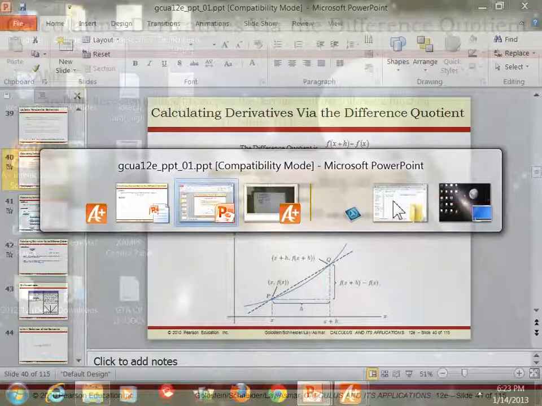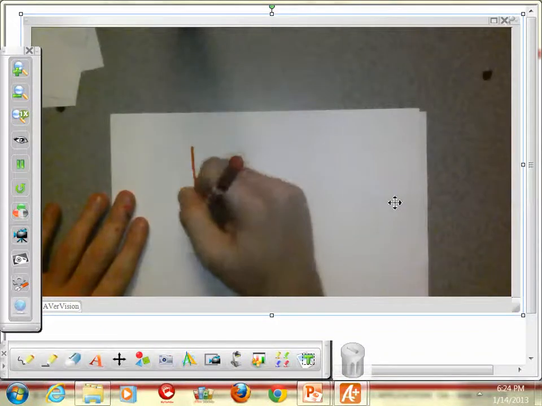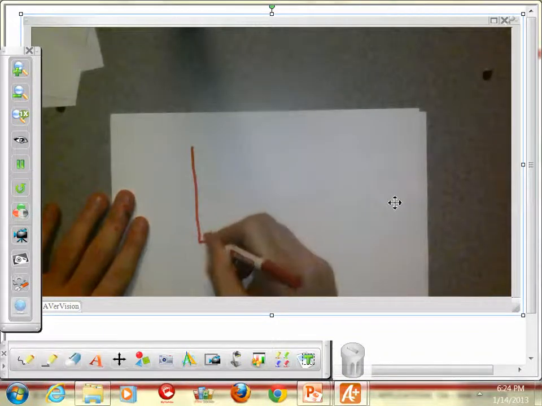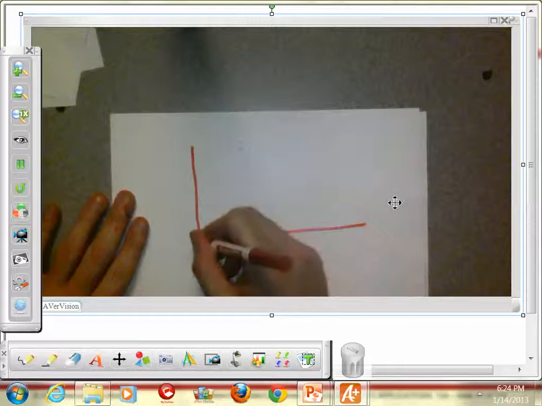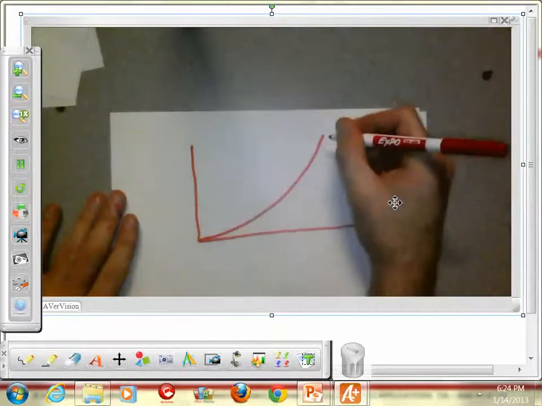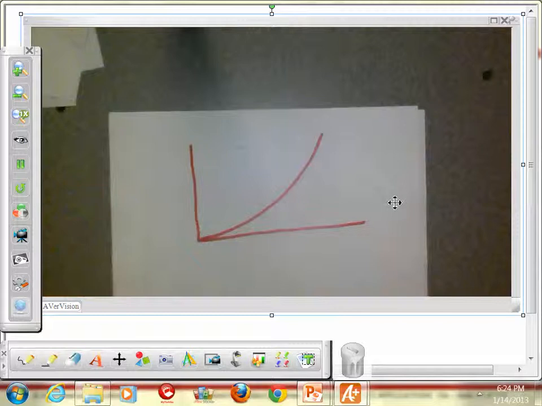So what are we saying here? If we have a function, and say the function looks like this, and it's maybe like x squared or something. This could be like f of x equals x squared.